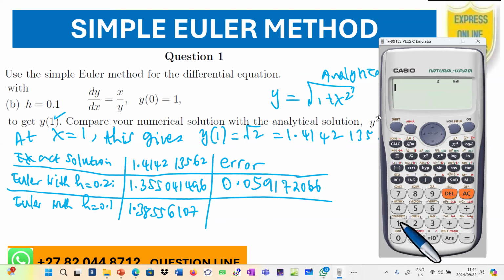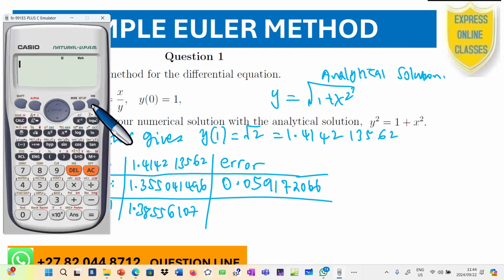It is exactly the square root of 2, which is 1.4142135 62.